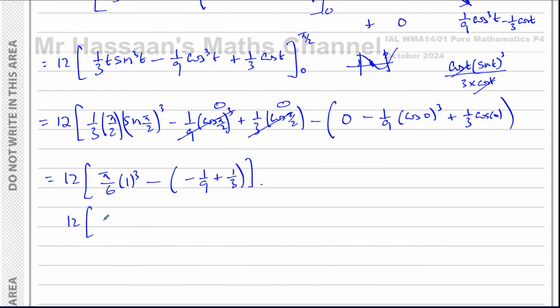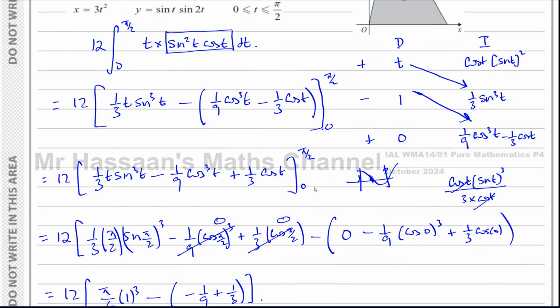So you have 12 times pi over 6 and minus 2 over 9, and that minus will make it minus as well. So you have 12 times pi over 6, which is 2 pi, and minus 24 over 9. That's in the form that they wanted.